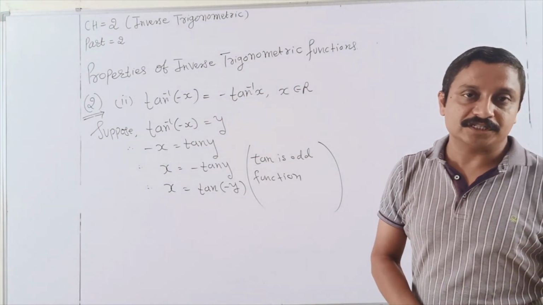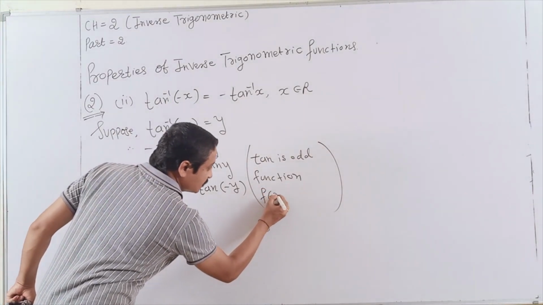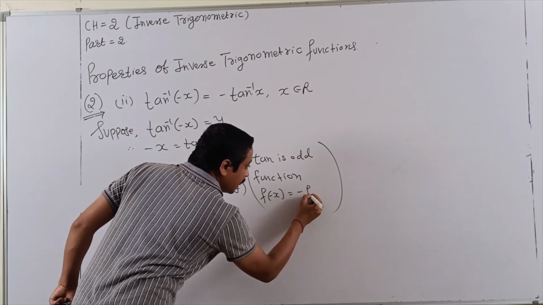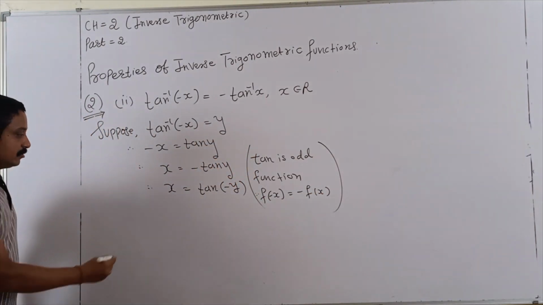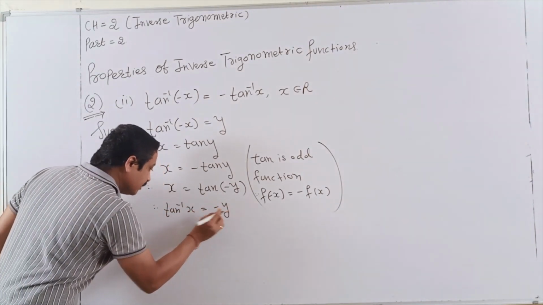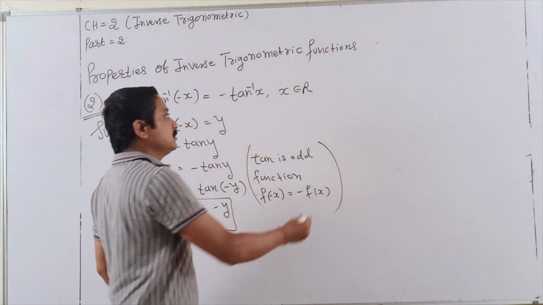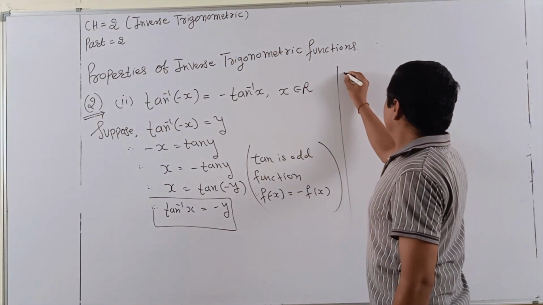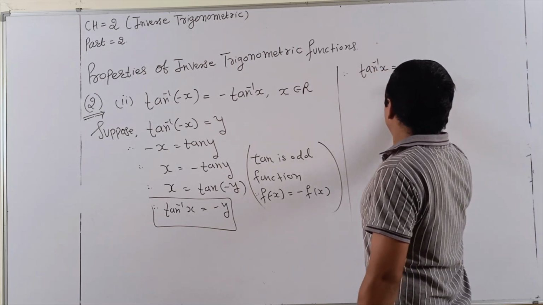The odd function definition is f of minus x is equal to minus f x, and that value I utilize. It means tan inverse x is equal to minus y.